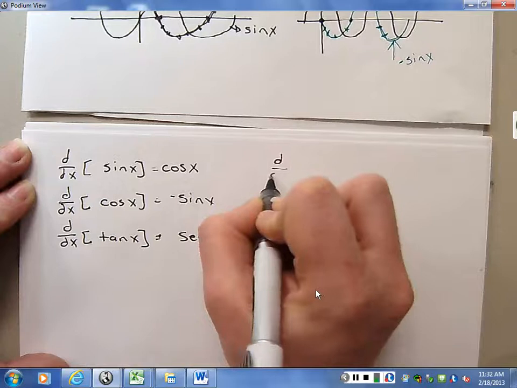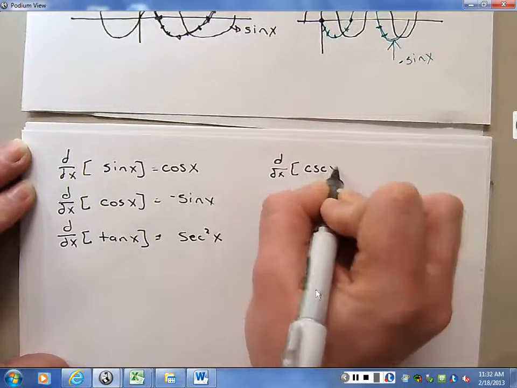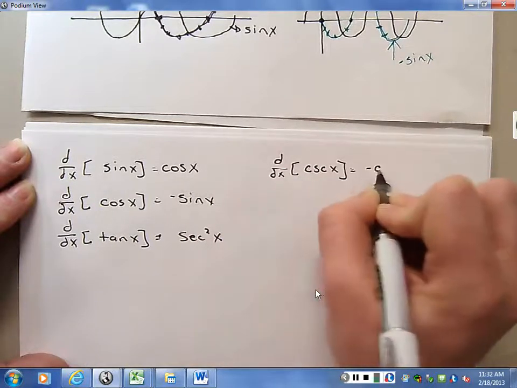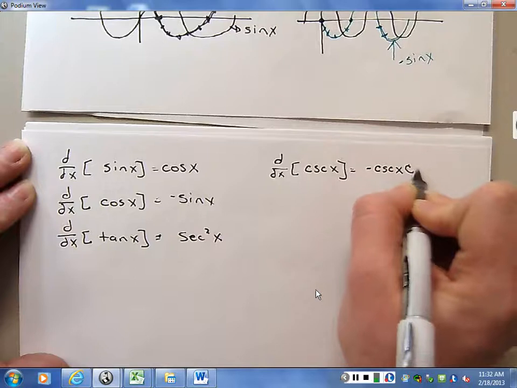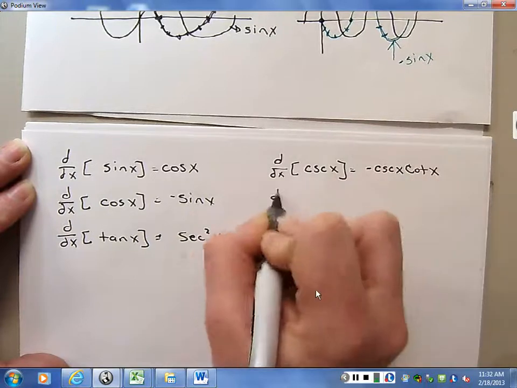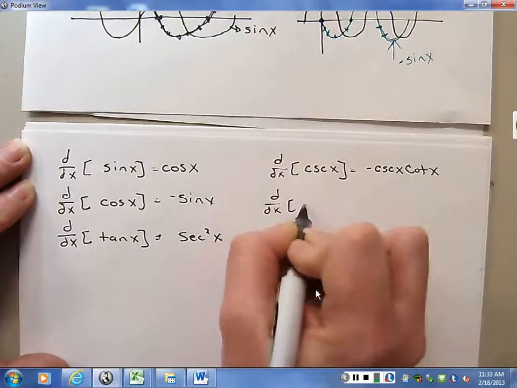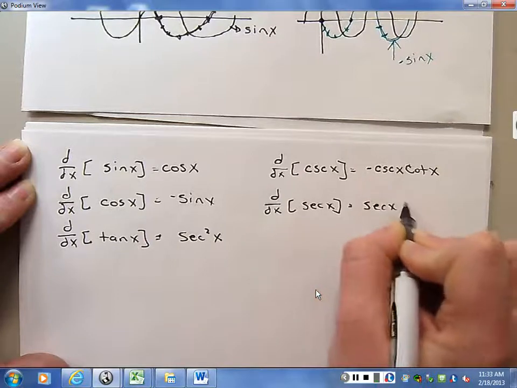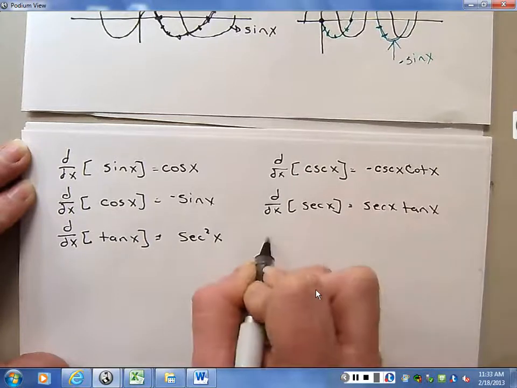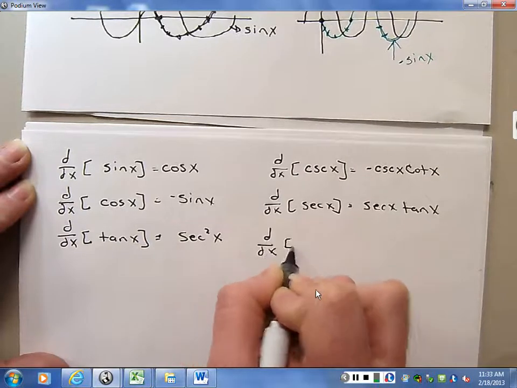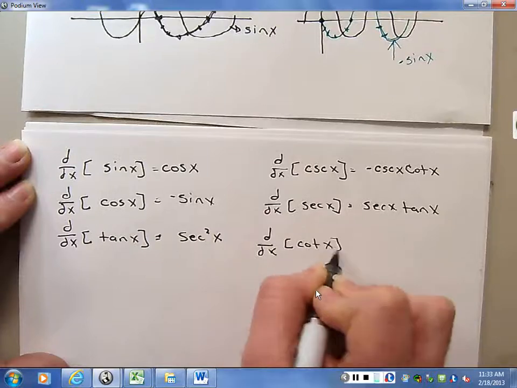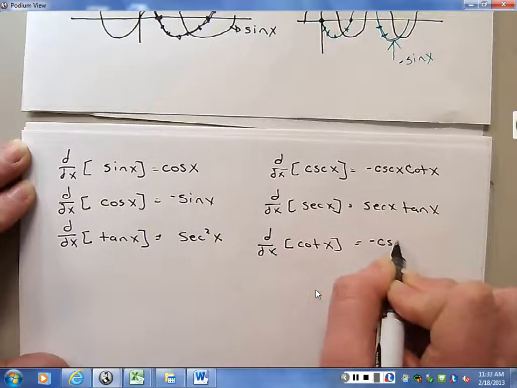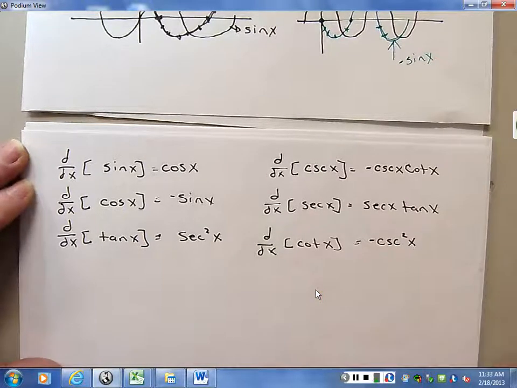The derivative of cosecant is minus cosecant cotangent. The derivative of secant is secant tangent. And the derivative of cotangent is minus cosecant squared of x.